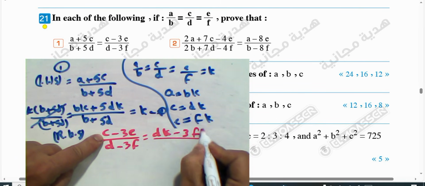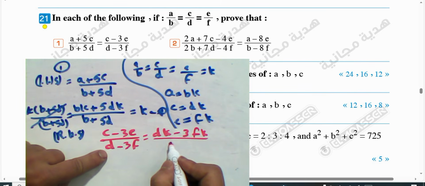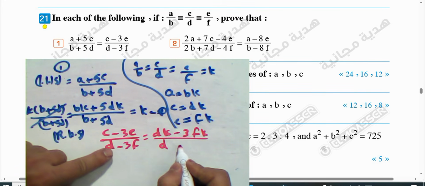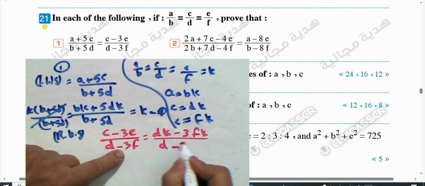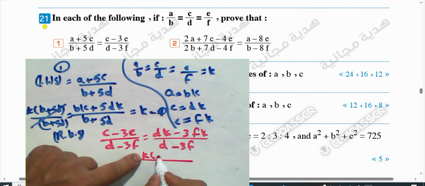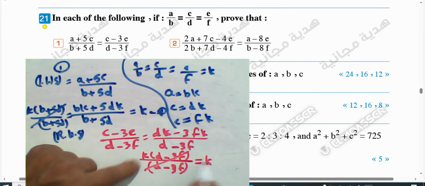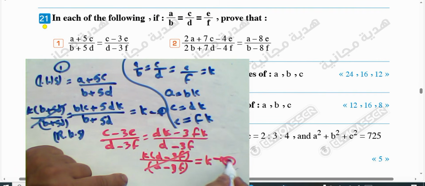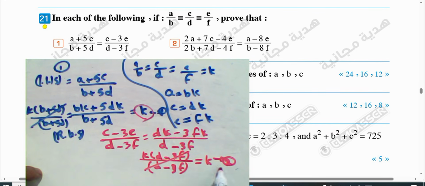E was FK over D. D is a constant and F is a constant. You can write the common factor up. F was repeating, K was repeating. DK divided by K equals D and 3FK divided by K equals 3F, over D minus 3F. Cancel, the result will be K. Then it's relation number 2 and this relation number 1, they are equivalent. Left hand side equals right hand side equals K.